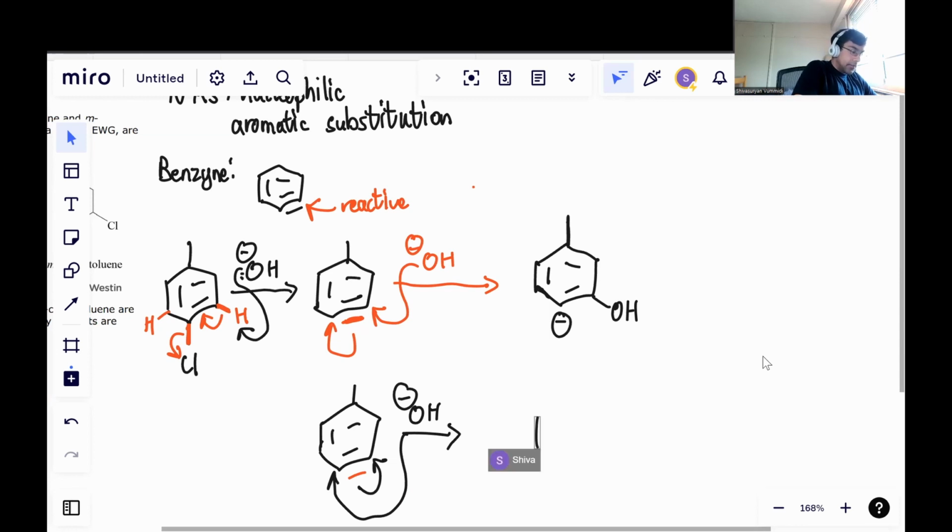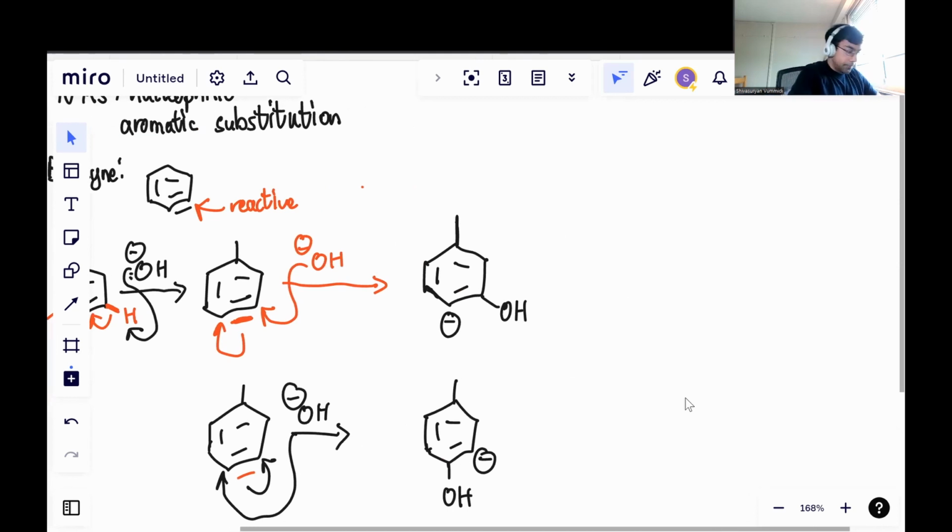And similarly, with the bottom product, you have something kind of similar, except here you have a hydroxide down here and the negative charge is down here. So in the first case, the hydroxide is meta to the methyl group. In the second case, the hydroxide is para to the methyl group.